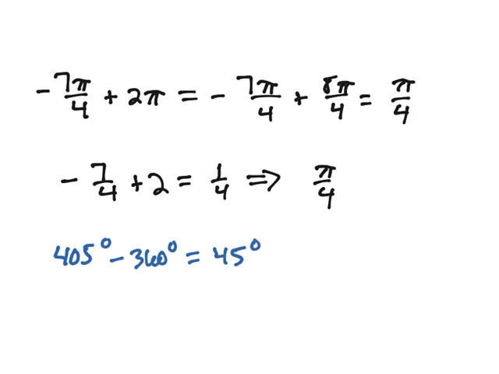So I'm good. What if I'd given you 905 degrees? You subtract 360, it would still be over 360, right? You keep going and repeating the process until you get it between 0 and 360 or between 0 and 2 pi. Your calculator's your friend. Don't do these in your head.